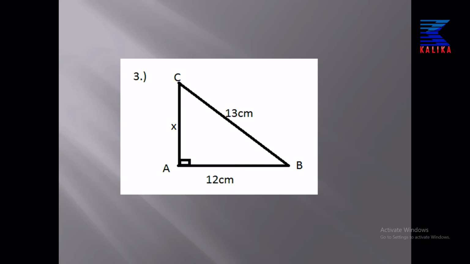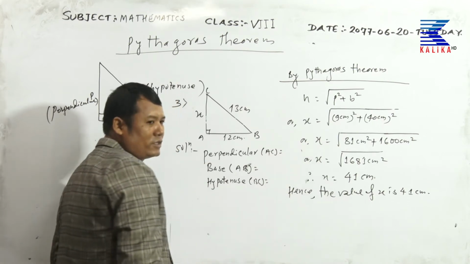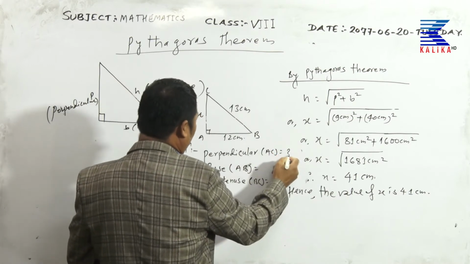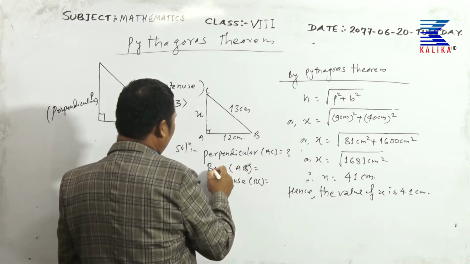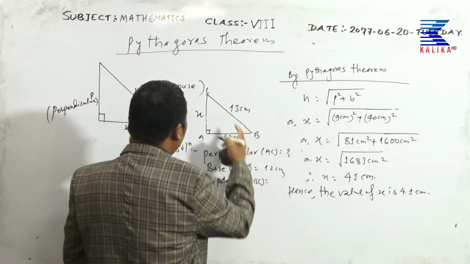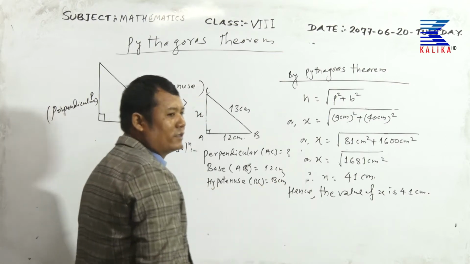Now look at the whiteboard, please. Suppose perpendicular AC is equal to what? Base AB is equal to 12 cm and hypotenuse BC is equal to 13 cm.